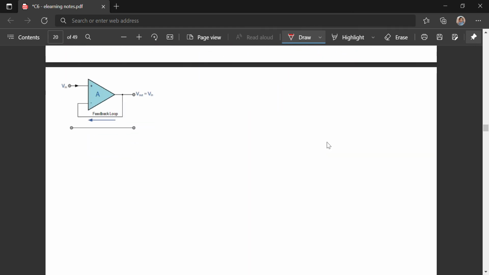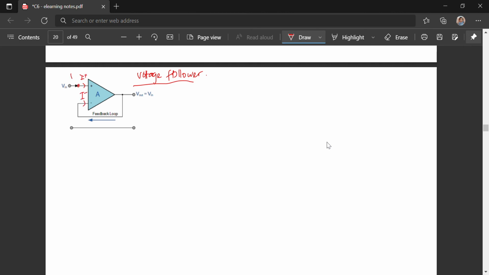Next we have the unity voltage follower. Okay, so how do we do this? Firstly, we know that the current that goes to the input of the op-amp is I plus and I minus.